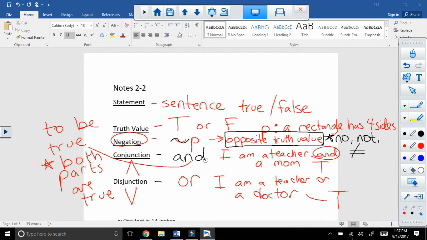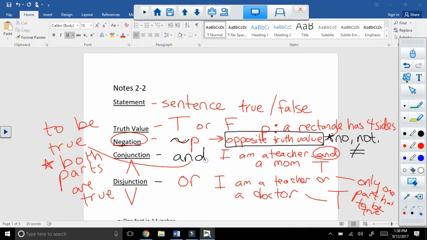You only need one part to be true for an or statement to be true. So I'll just write only one part has to be true. You could have both parts be true if I say I'm a teacher, or I like to read. Both of those things are true. That would make that a true statement also.